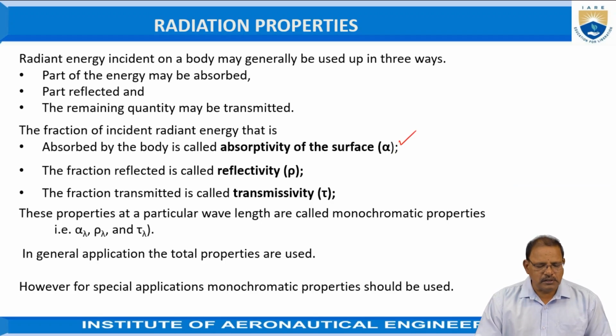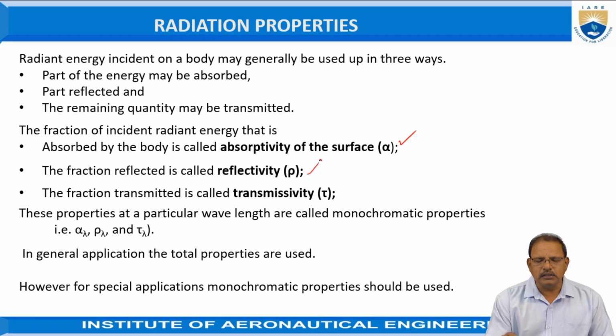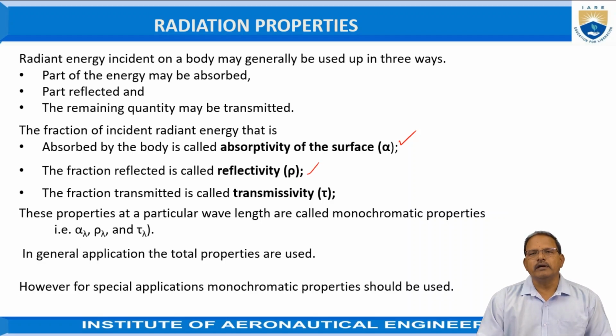The fraction reflected is called reflectivity. It is represented by rho. That means reflectivity is defined as the ratio of the heat energy that is reflected to the total energy incident on that surface or body. The third one is the transmitted.